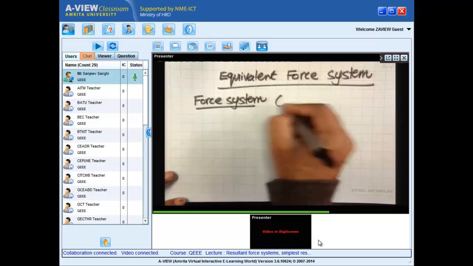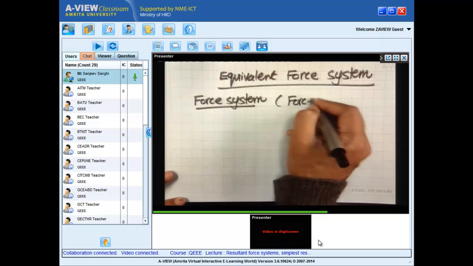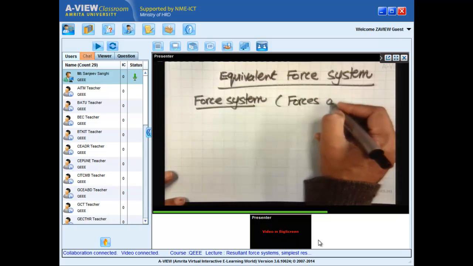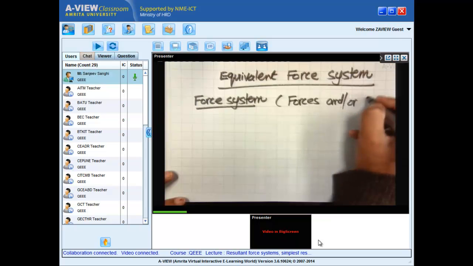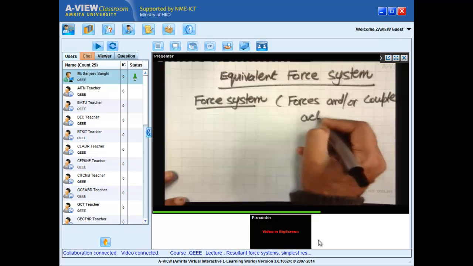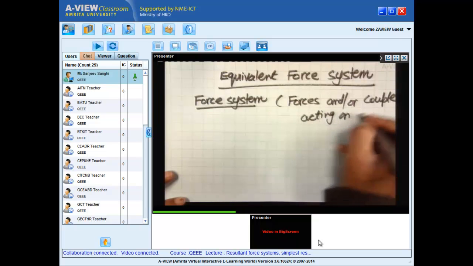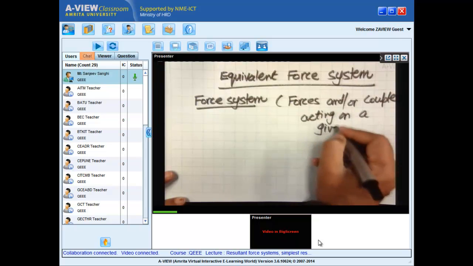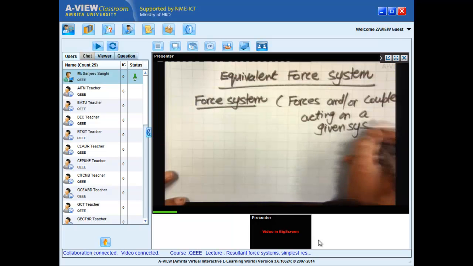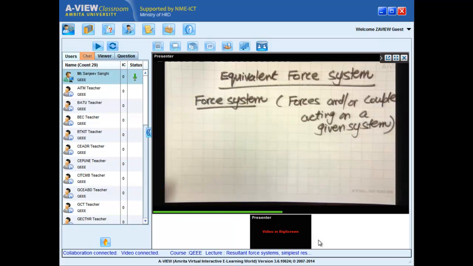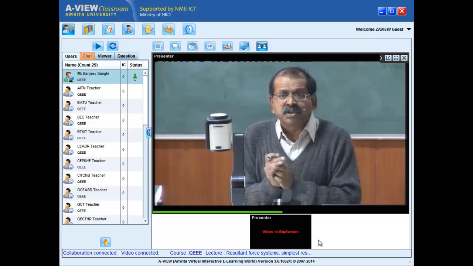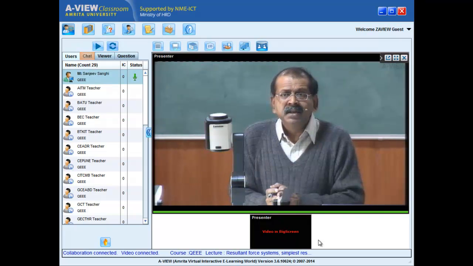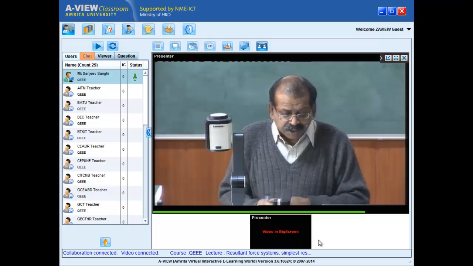A force system means that we are talking of forces and or couples acting on a given system. So when we talk of a force system, it is implied that couples are also being counted.